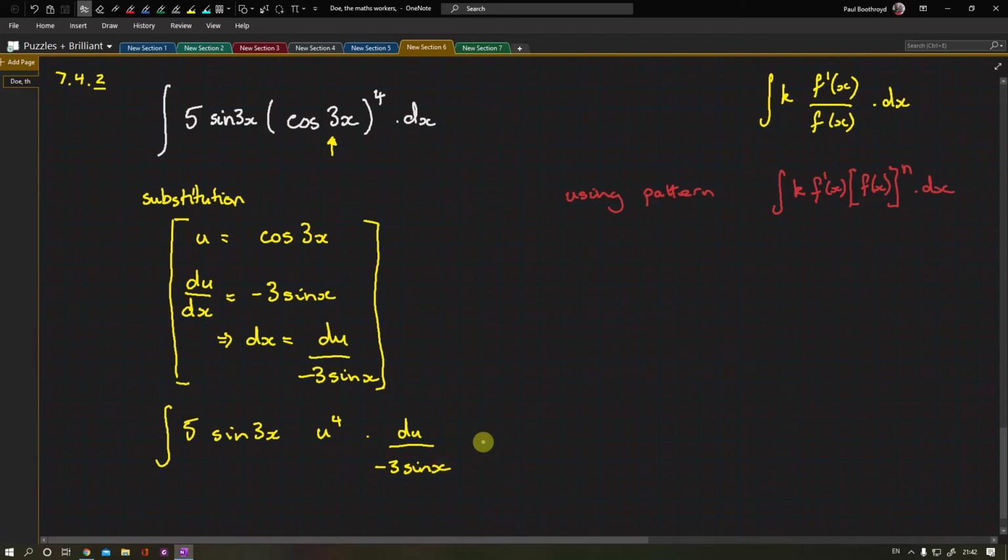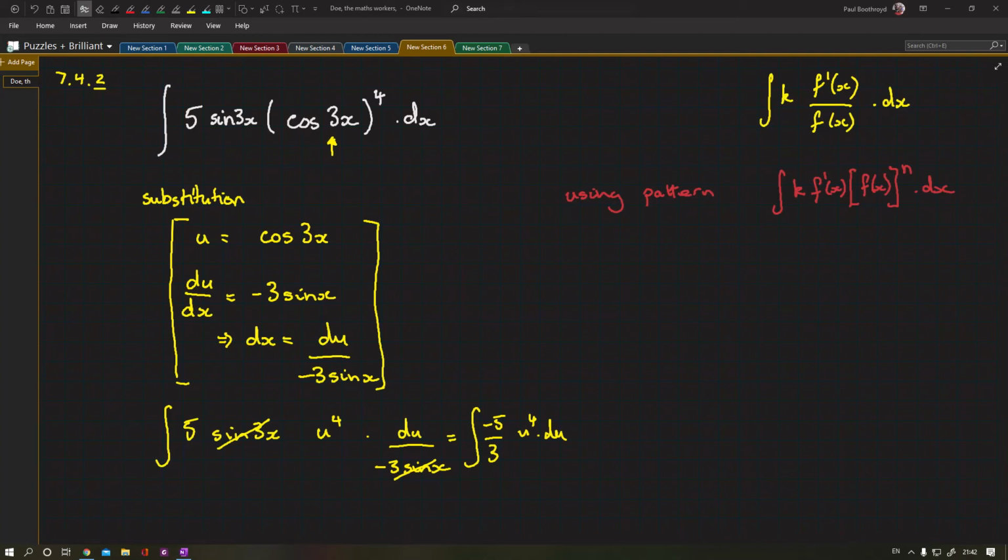And this is the magic part. The sine 3x's, because this is the differential of this thing inside the bracket, which is what's assumed over here, will cancel. So now what I've got is the integral of minus 5 over 3 u to the 4 du.